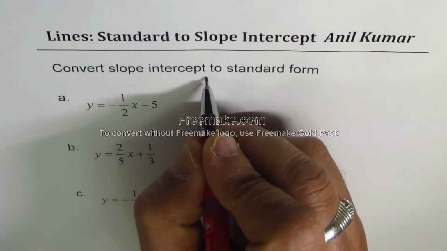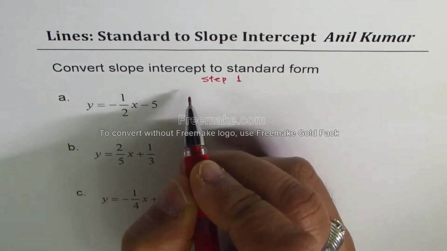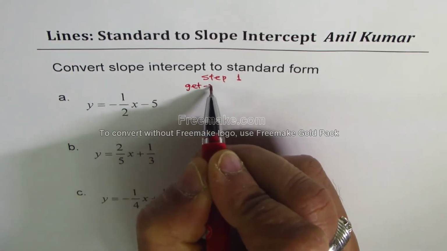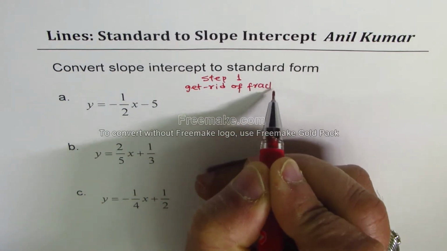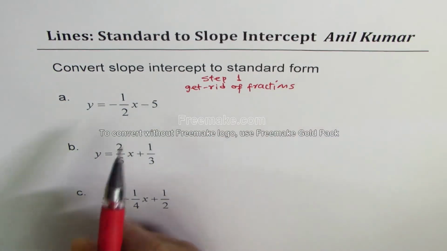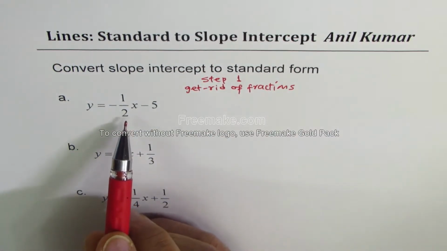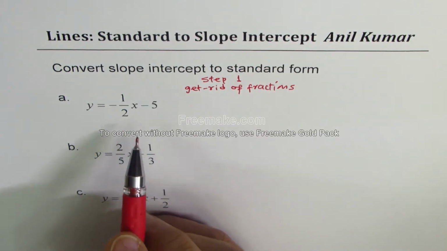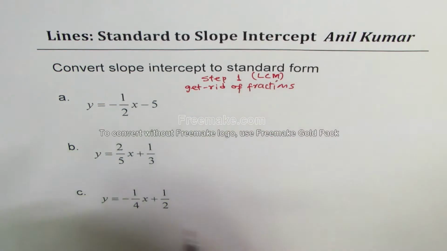So let's follow our steps. Step 1: get rid of fractions. 2 is there in the denominator. We have to find the lowest common denominator, or sometimes we say lowest common multiple, right?